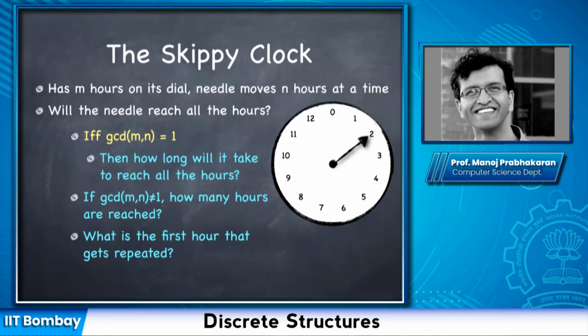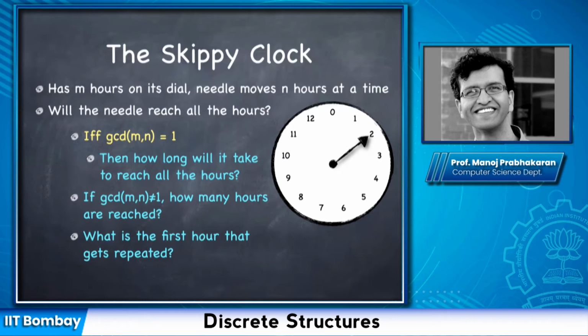We know that if you run this clock long enough, infinitely long, there are only finitely many hours on the dial, so you will have to repeat numbers. What is the first number that gets repeated? What's the first hour on the dial that gets repeated for this needle?